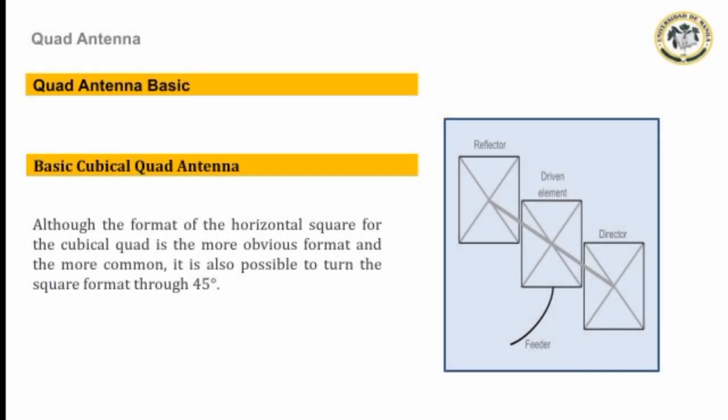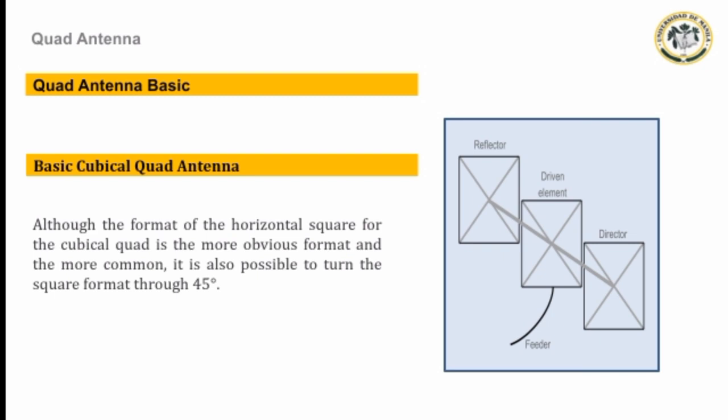Next is basic cubical quad antennas. Although the format of the horizontal square for the cubical quad is the more obvious format and the more common, it is also possible to turn the square format through 45 degrees.